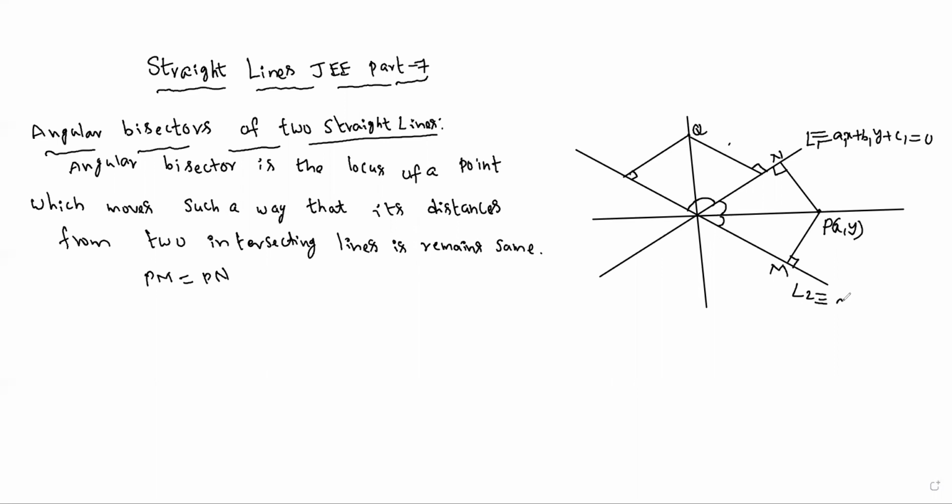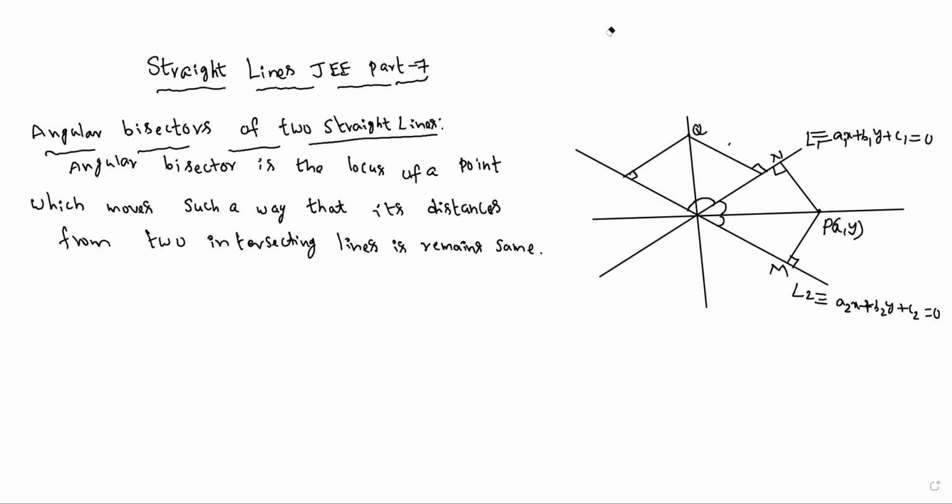The second line equation is A2x plus B2y plus C2 equal to 0. Now PM is equal to PN. If you want exact notations, you take the first line on the left side, PN, and the right side PM.